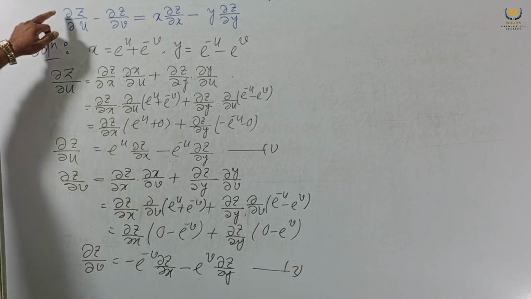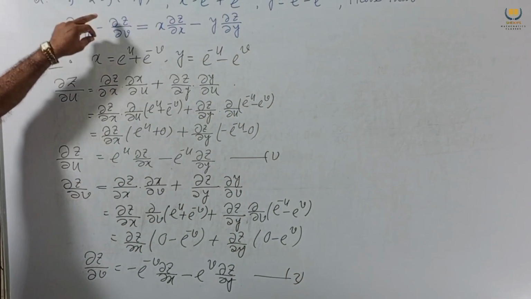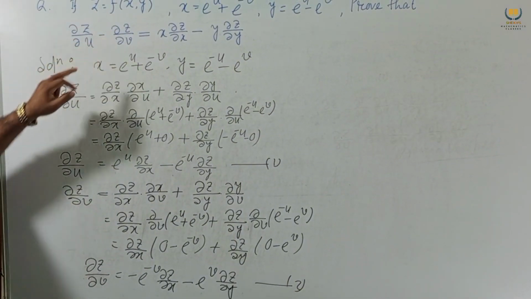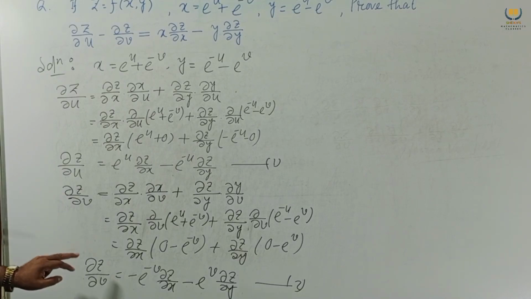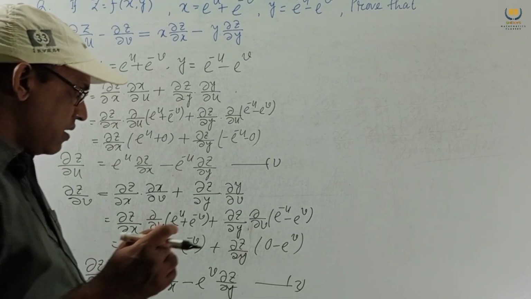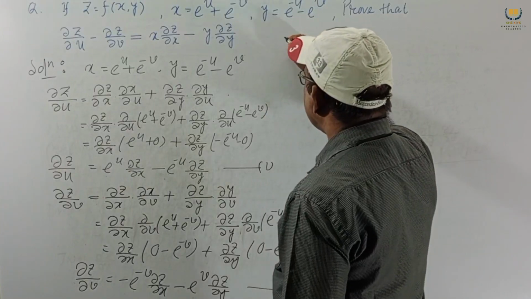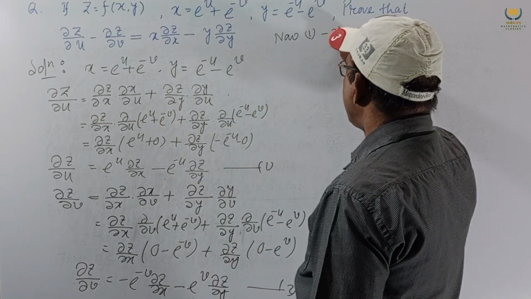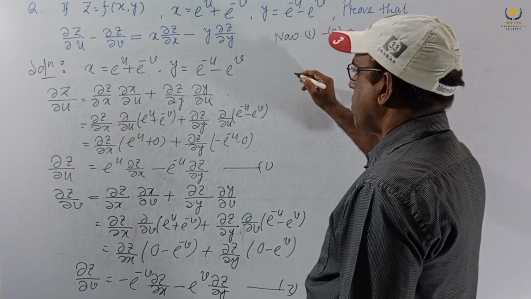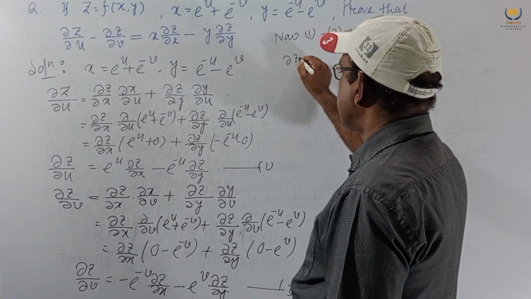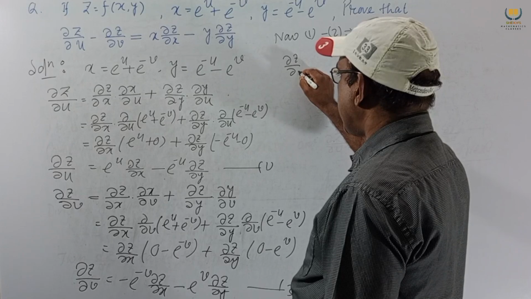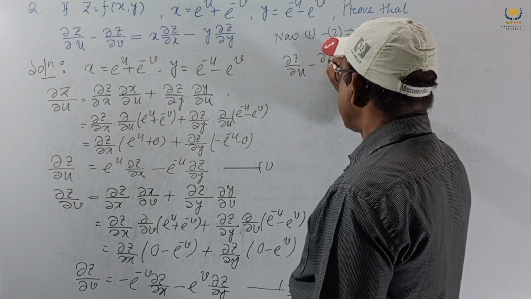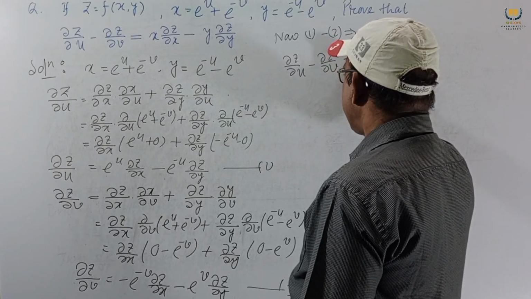But in our problem, del z del u, del z del v, the middle is minus sign, so we subtract this and this. Subtract 2 from 1. Now simply we write, 1 minus 2 implies, 1 is del z del u, minus 2 is del z del v.